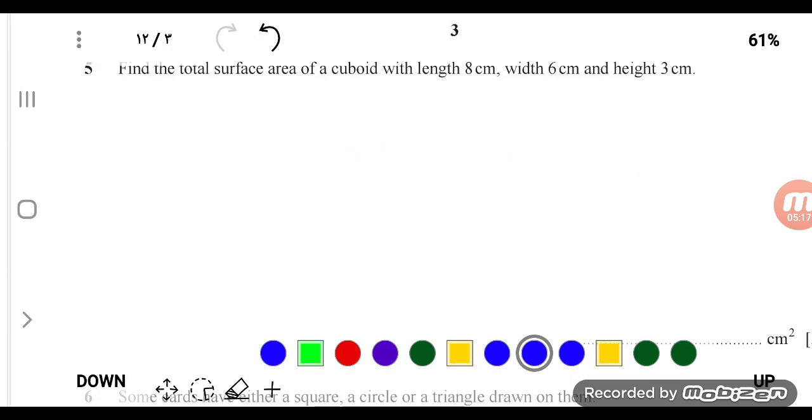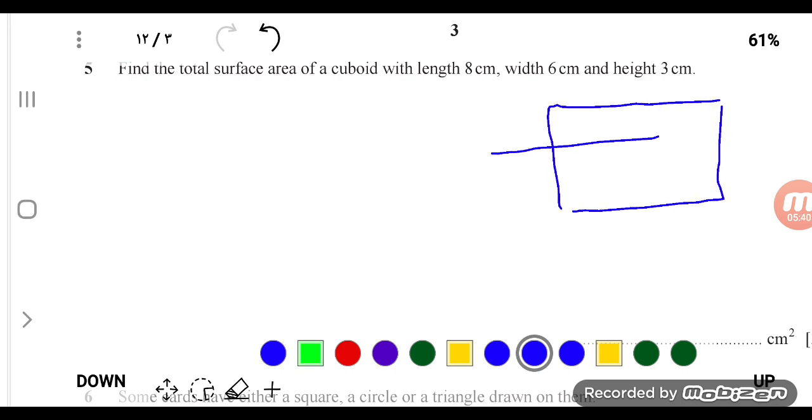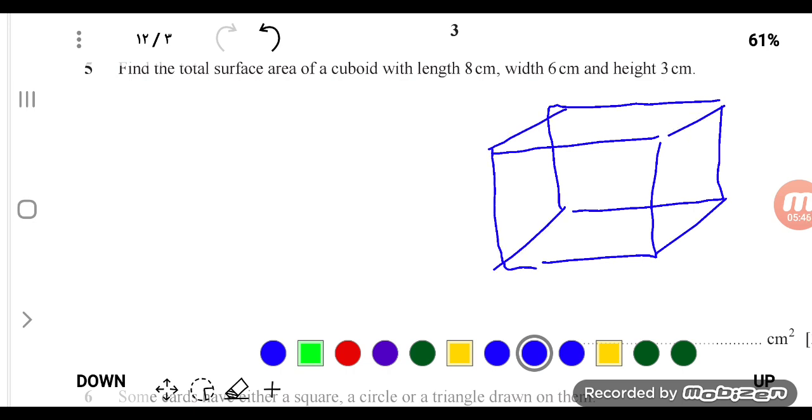Find the total surface area of a cuboid with length 8, width 6, and height 3 centimeters. Okay, first step, let's draw the rectangular prism or the cuboid. If you draw the rectangular prism like this, that is the rectangular prism.